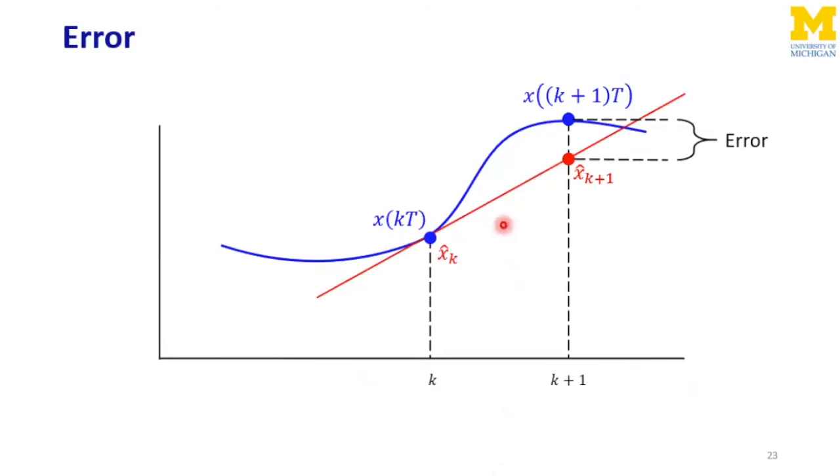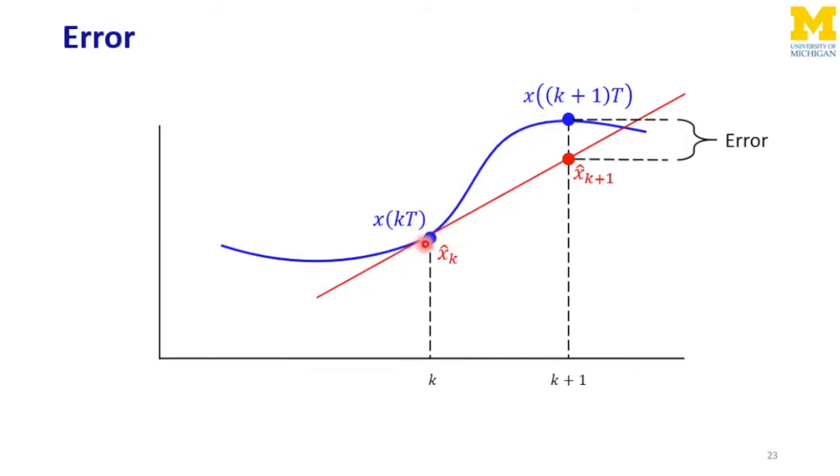And what we are doing, basically, I'm trying to show it here pictorially. So we have the solution at the kth step. We have the state of the continuous time system at step k, and we have the state of the discrete time system x hat k. And both of these systems are allowed to evolve.